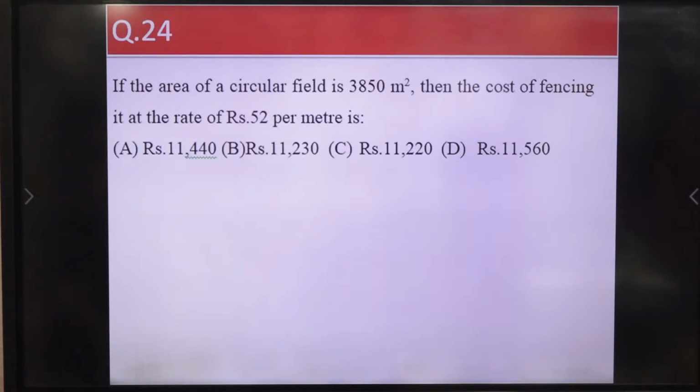Tell me the answer. Write your answer in the chat box, which is the correct answer.